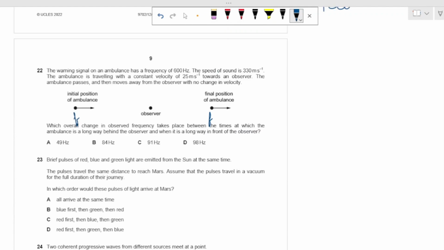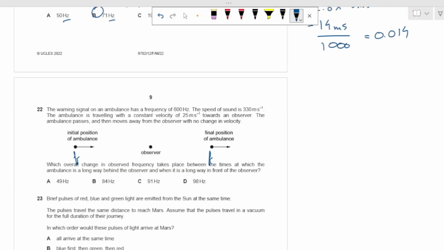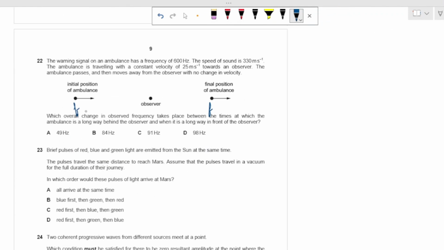So let's go back to the original question and let's find this f1 and then we'll find f2. f1, which is the observed frequency for this one, is the frequency fs into v over v plus or minus v of the source.